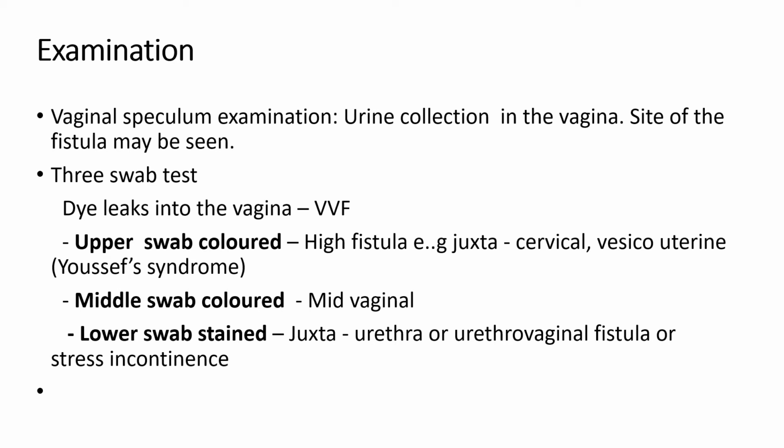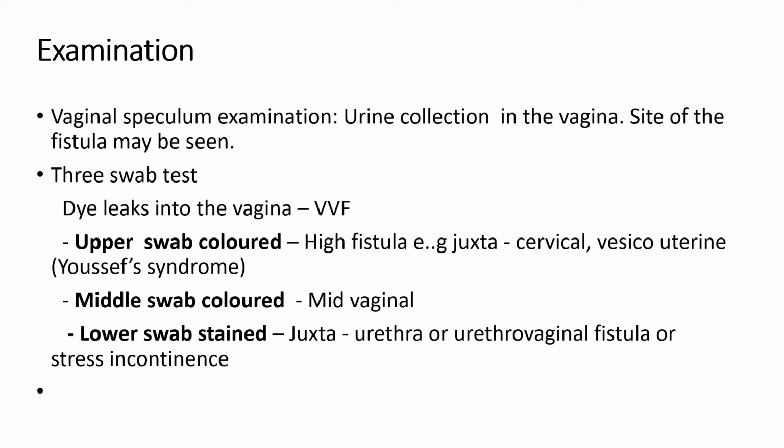So the upper swab is for a high fistula, the middle swab is done in the mid vagina, and the lower swab is for a urethral or ureterovaginal fistula. You know that the urethra is below the urinary bladder, isn't it? So you do a low swab if you're trying to get a ureterovaginal fistula.